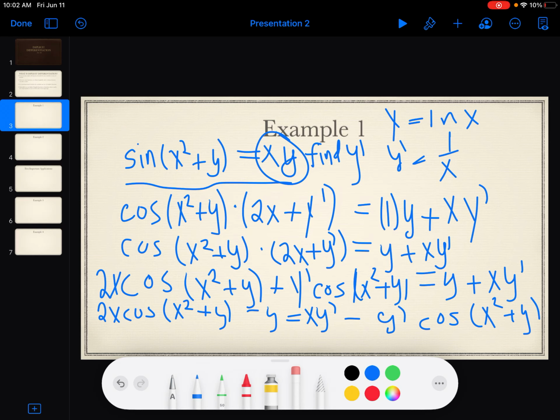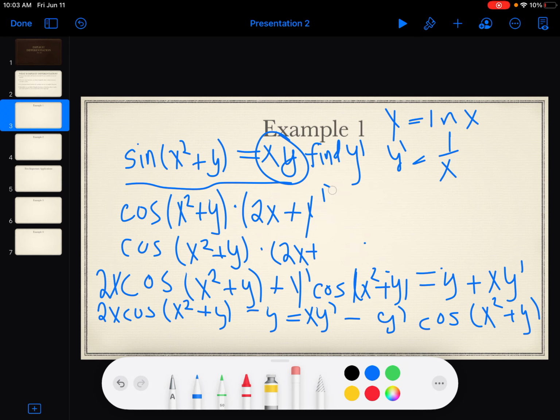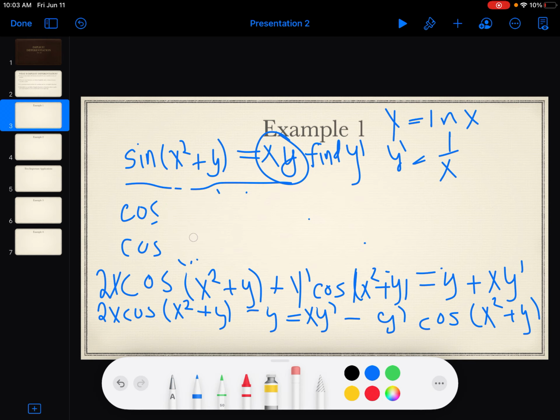And I'm just going to erase all of our other work up here. So what you're seeing is that you got to treat y as a variable. And when you take the derivative with respect to x of y, it's just y prime, right? It's dy by dx, which is also y prime. You can write dy by dx if you like, but y prime makes it much neater and much faster.